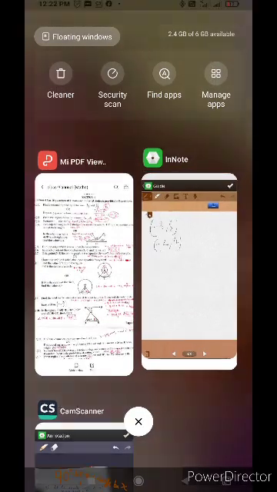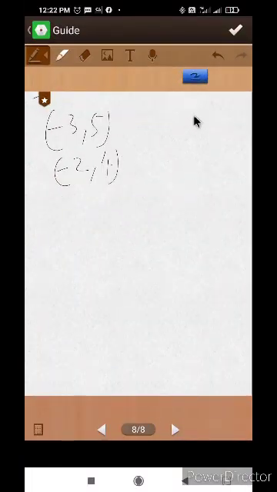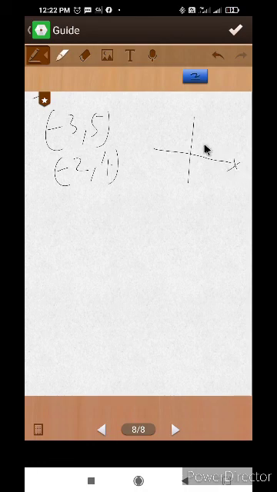So if we draw the x and y axes, this is x dash, this is y dash. This will be the first quadrant, this the second quadrant, this the third quadrant, and this the fourth quadrant.